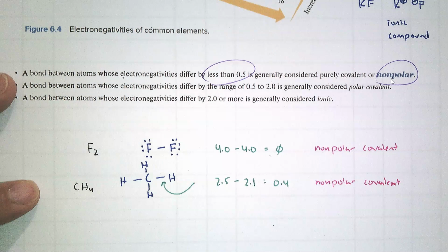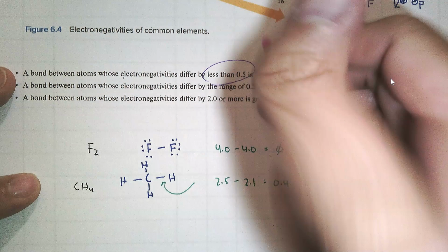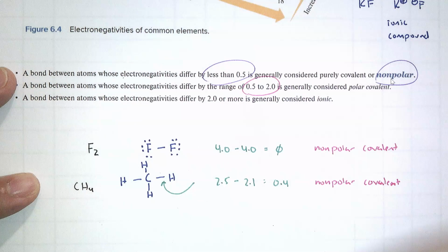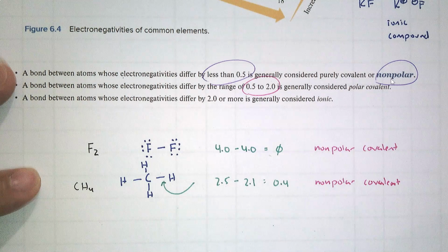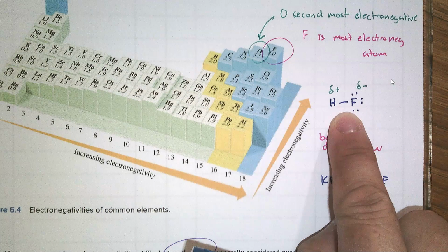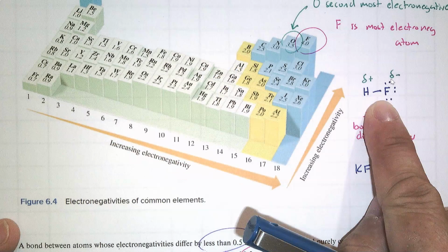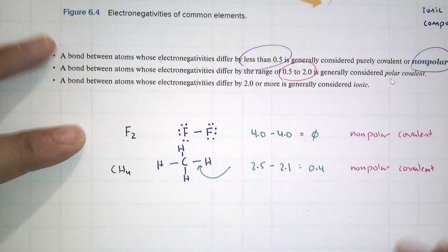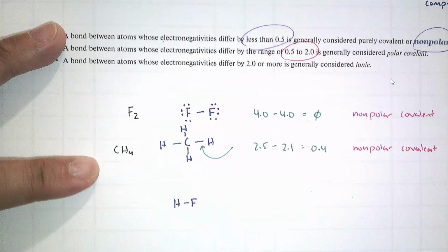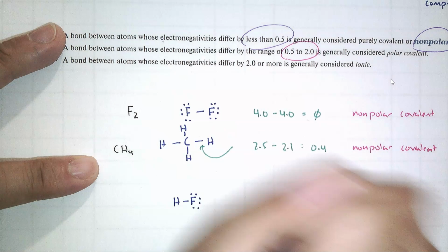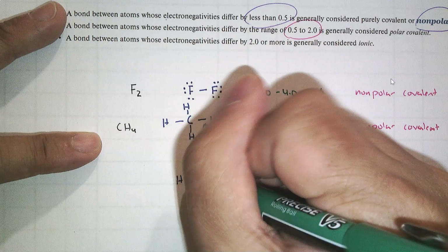But if the difference grows, and we have a difference between 0.5 and 2.0, that's called polar covalent. An example of that is a molecule that we've seen already, hydrofluoric acid. So let's double check that. HF, put your lone pairs. That bond right there.